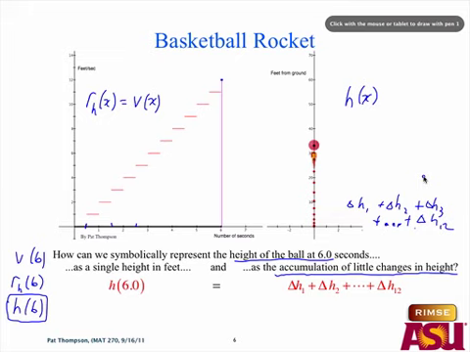There would be different ways to do it, but make it as easy as you can on yourself. Okay, so yeah, H of 6 is the height, but that also can be thought of as the little change of height in the first half second, plus the little change in height in the second half second, plus the third change in height, all the way up to the 12th change in height.